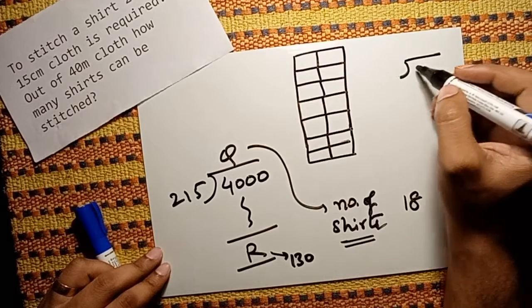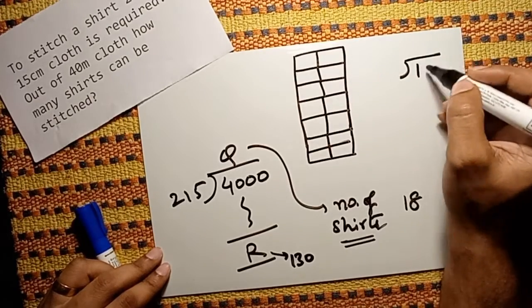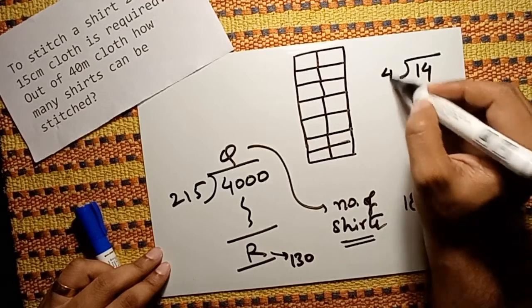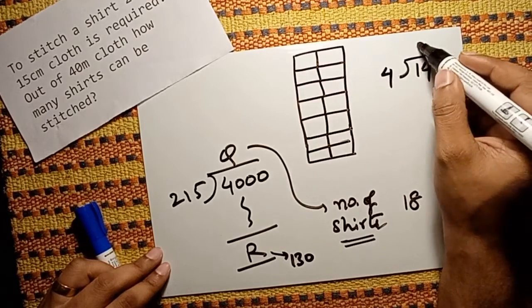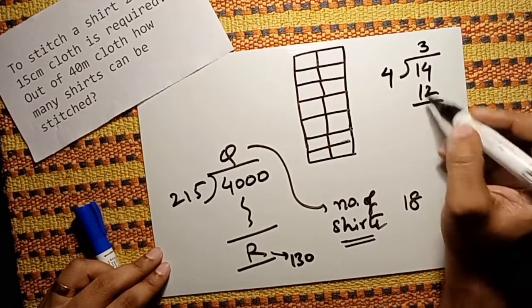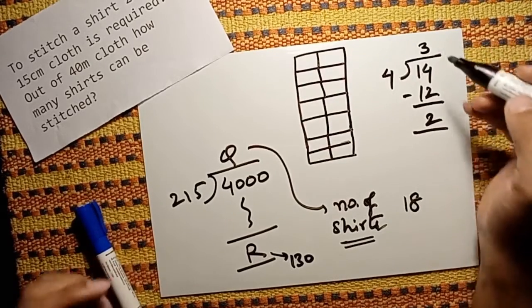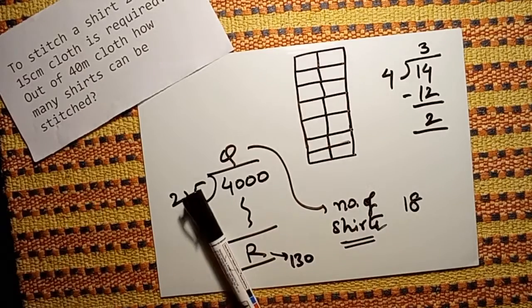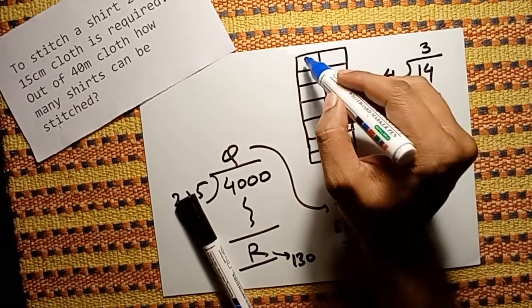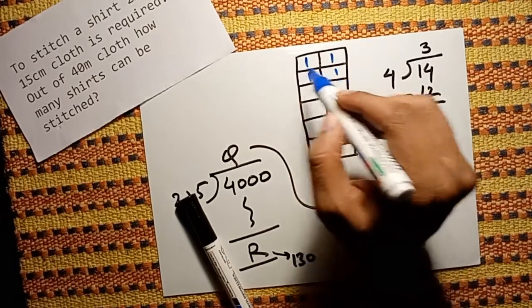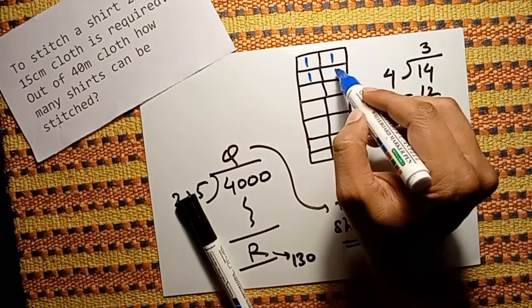So the total number of blocks is 14. Each kid needs 4 blocks. 4 threes are 12, remainder 2. So what does 3 mean? 3 means 3 kids. This is the first kid who got 4 blocks.